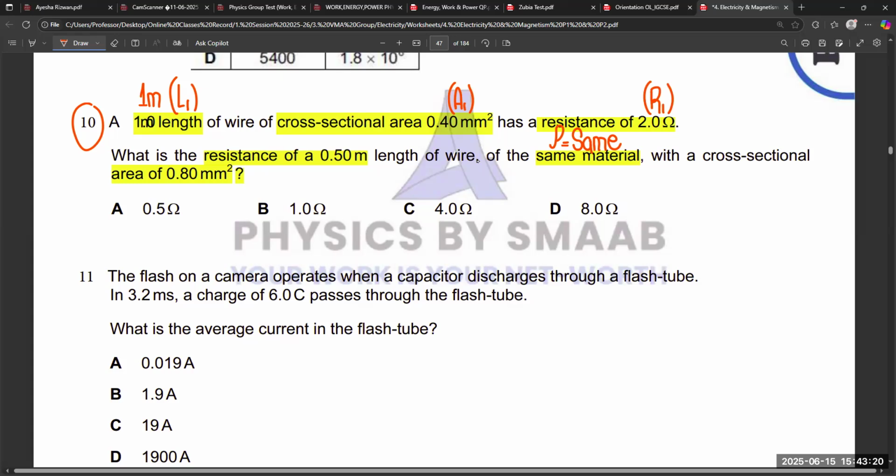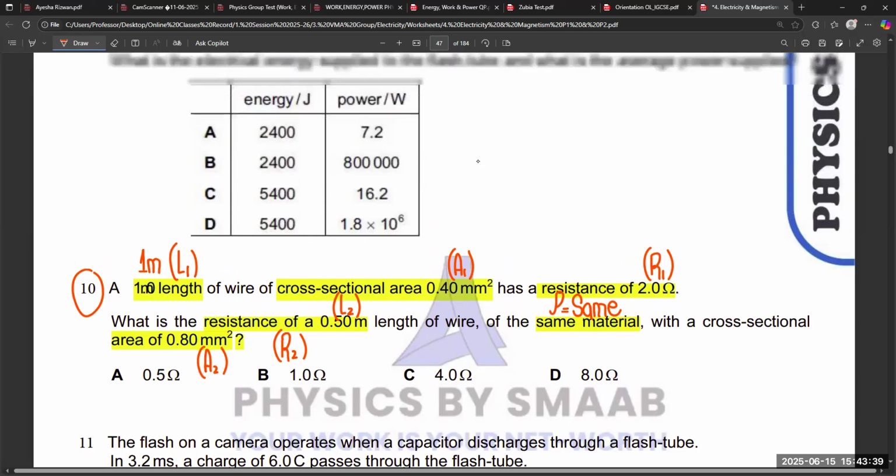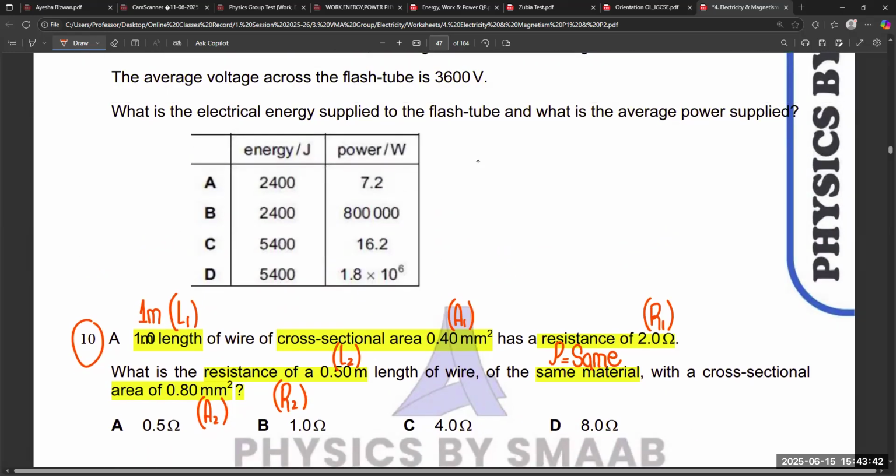In the same way, we have length 2 and cross-sectional area 2, and we have to find out R2. So the easiest method is, for example, to write the formula for R2. R2 is equal to rho L2 over A2, and the value of L2 is given, the value of A2 is given, right?